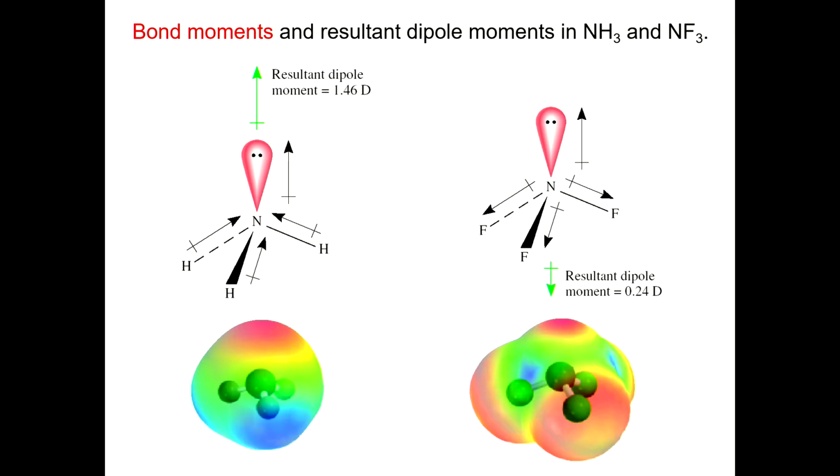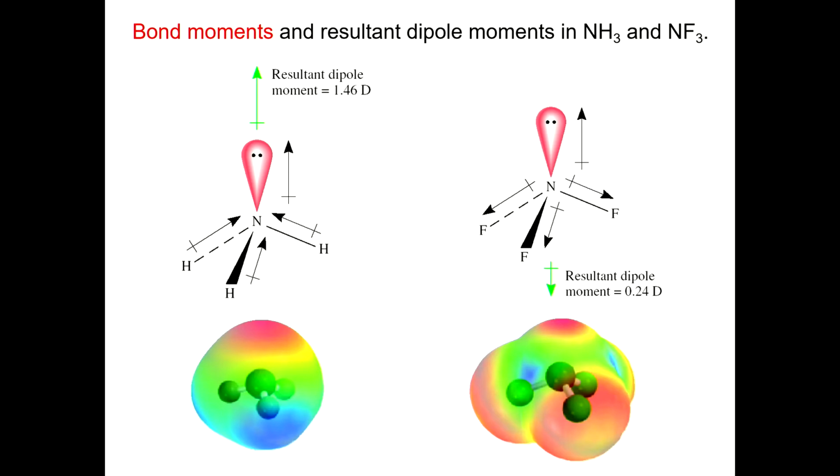The direction of the bond moment is from hydrogen to nitrogen, because nitrogen has higher electronegativity than hydrogen. For the lone pair electrons, the direction should be from nitrogen to the electrons.